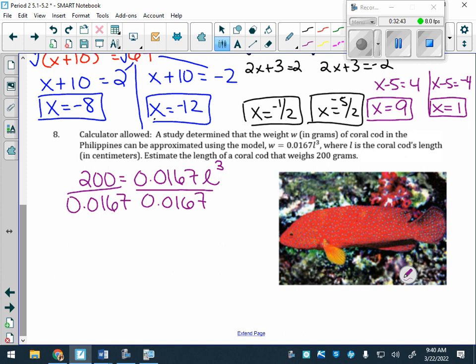Okay. So 200 divided by 0.0167, round to the hundredths place. What do we got? Good. Okay. That equals L cubed.